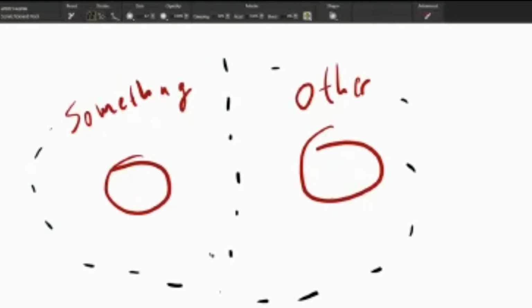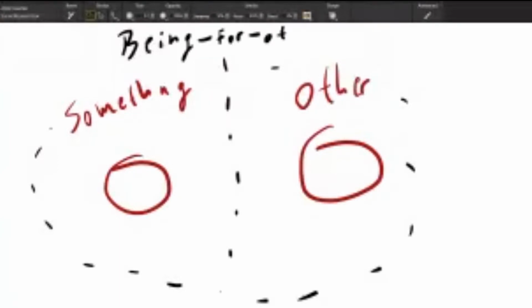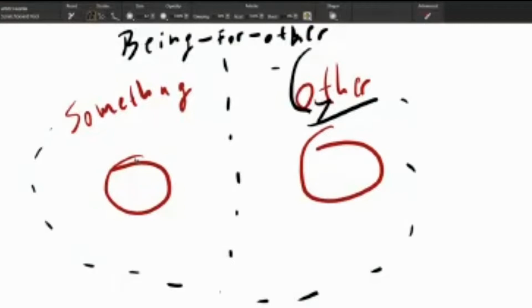After all, it is being for other. Something and other are what they are insofar as they are other. Through their mutual otherness, they are. And this is specifically, quite literally there, right? It's called being for other. It's being through otherness. It's something through otherness. That's what being for other is.